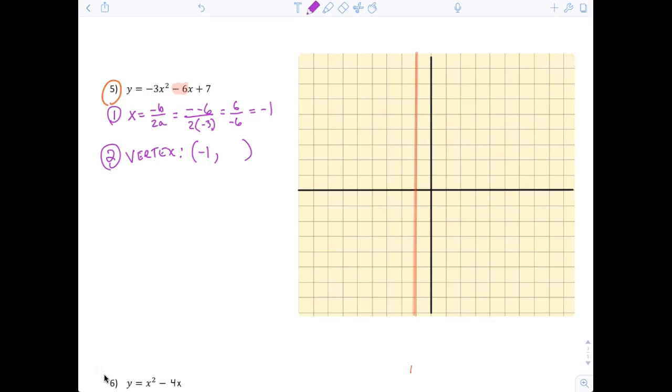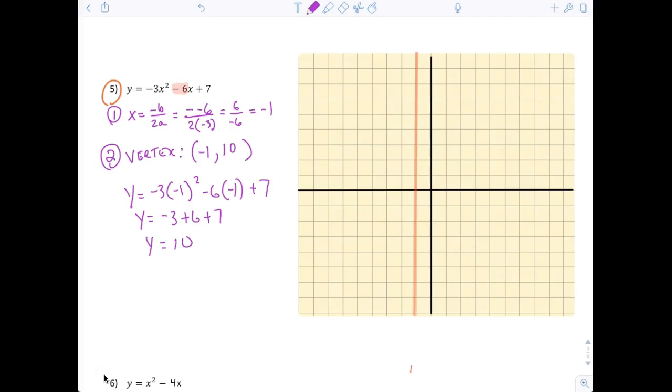So let's see. y equals negative 3 times negative 1 squared, minus 6 times negative 1, plus 7. From there, I have y equals negative 3 plus 6 plus 7. y equals 10. Somebody agree with that? So now you know that y equals 10. The vertex is negative 1 comma 10.